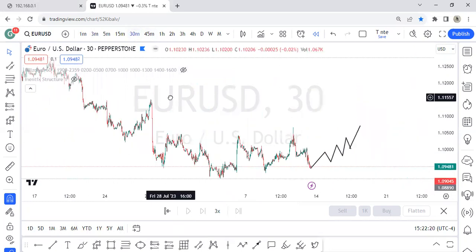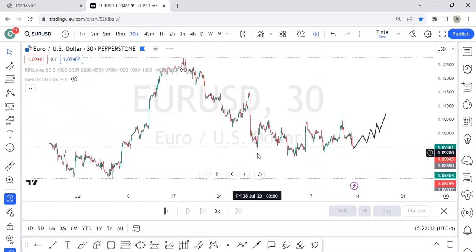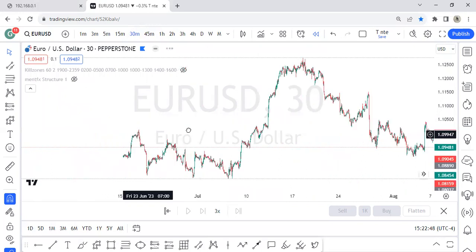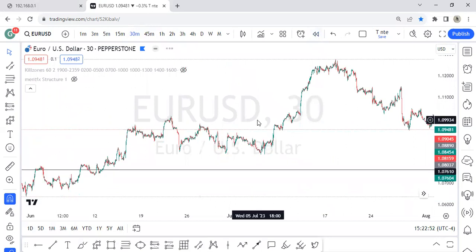I don't know why the market has left. Okay, let's play it a bit. This is on 30th of August. I think price has left where we were. So let's quickly look for where I was. I don't know why the market left where I was. All right, let's just take this off. Let me just get back to where we were. Sorry.